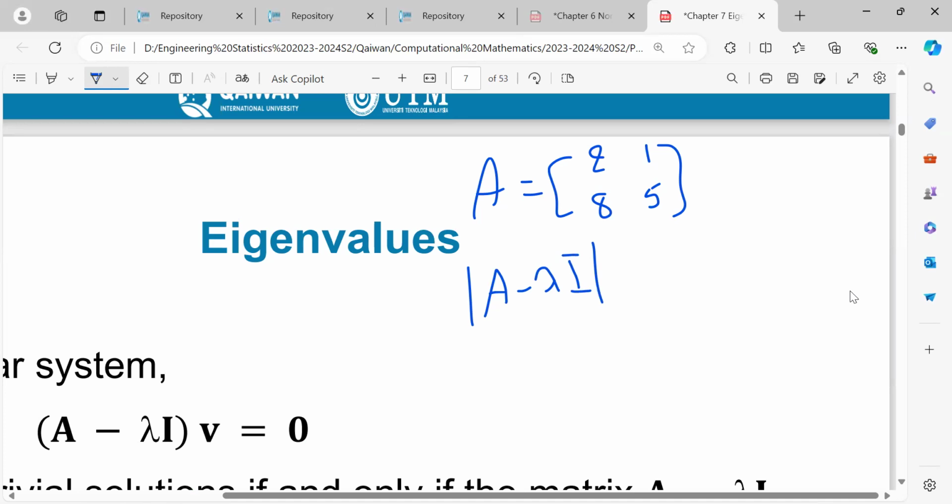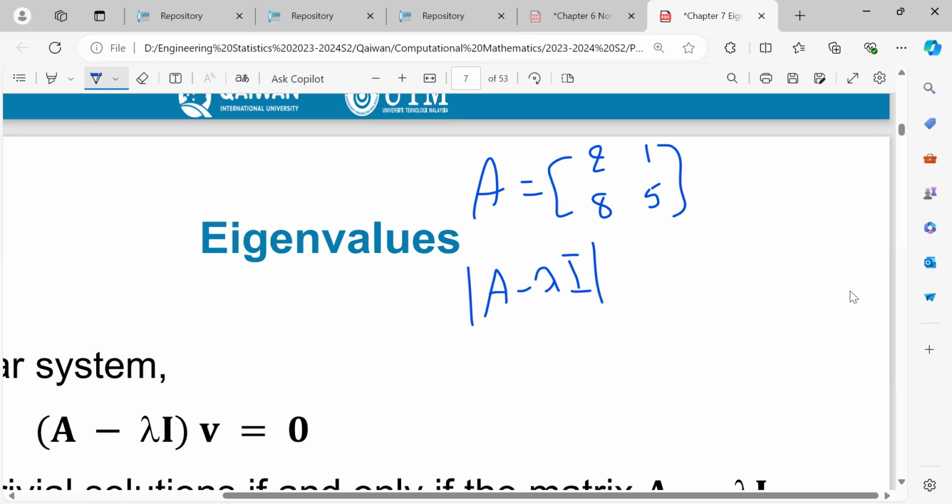We subtract lambda I from the matrix, then we find its determinant. We set the determinant equal to 0, then we solve it. The values of lambda will be the eigenvalues.